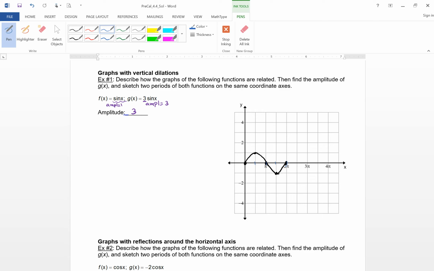Okay, so if we want to draw a second period, right, because it says sketch 2 periods, most of the time I'm just going to ask you to draw 1 period, but for the beginning, let's do 2. You do the same thing. You start at 0, you go 1, 0, -1, 0.